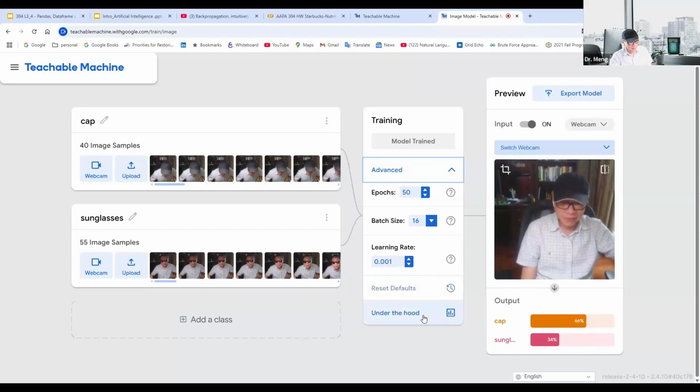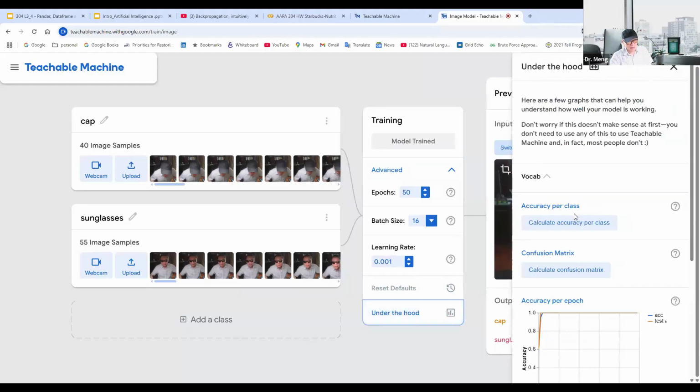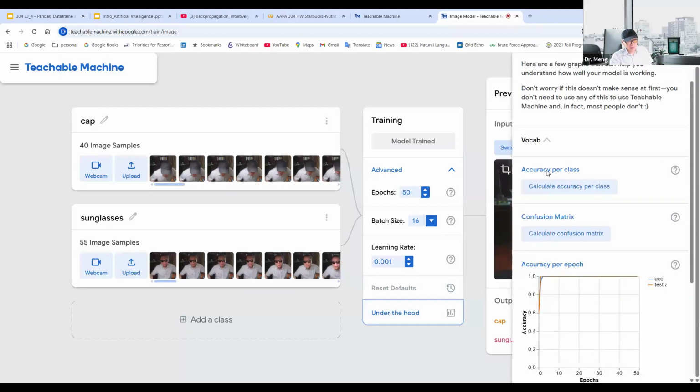If you want to look under the hood, there is more stuff right over here. We learn here what the accuracy is, what a confusion matrix is, and the learning curve. It seems like after 2-3 epochs the performance is already pretty good, because my background and my pose are very similar.